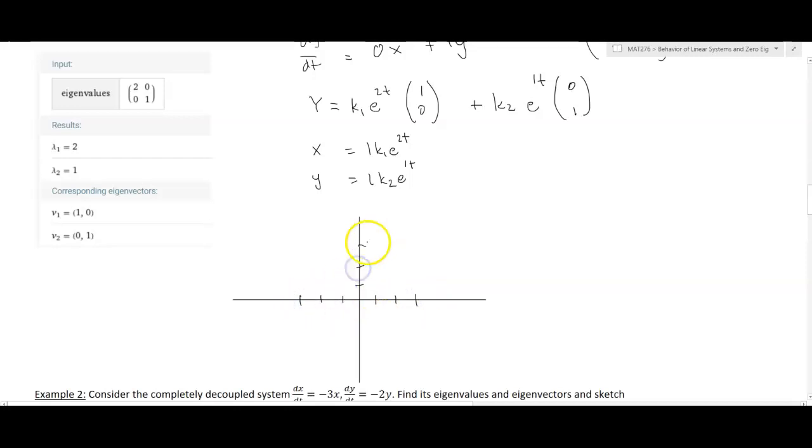So the eigenvector (1, 0) has a 1x component, so a run of 1, a rise of 0, and that tells me that this vector is going to fall along the x-axis. So here's the vector (1, 0) right there. The vector (0, 1) is the vector that lies along the y-axis because x is 0, y is 1.